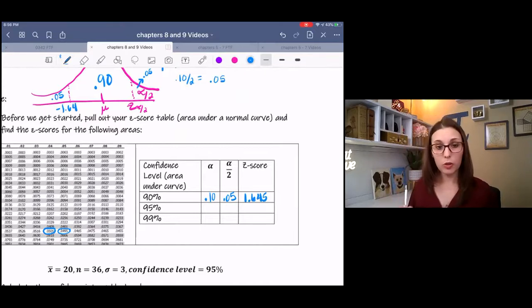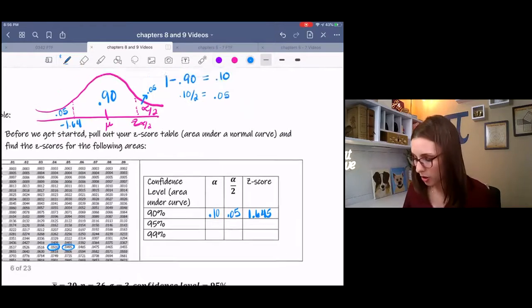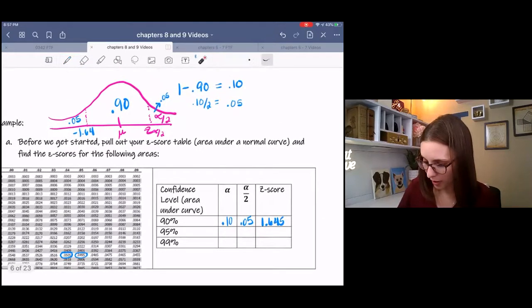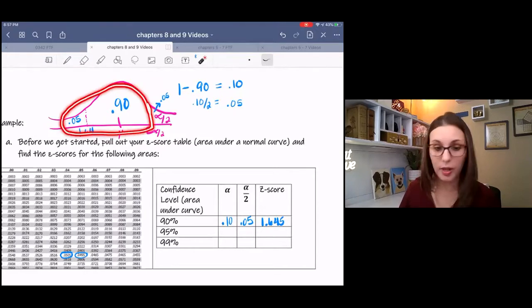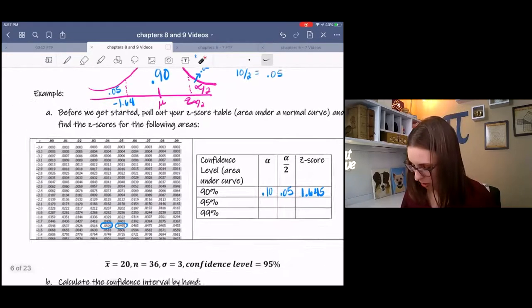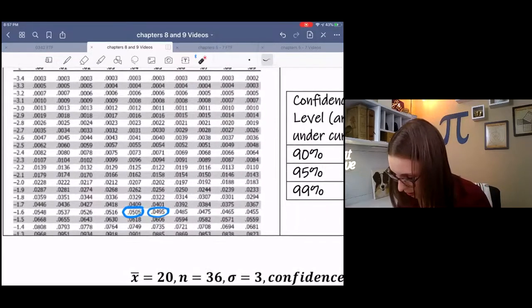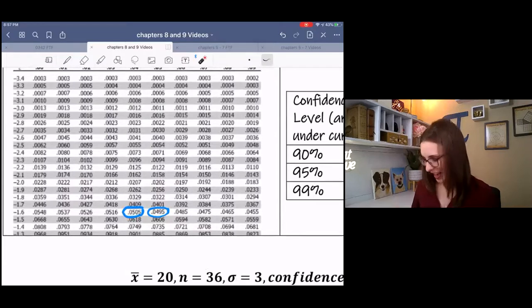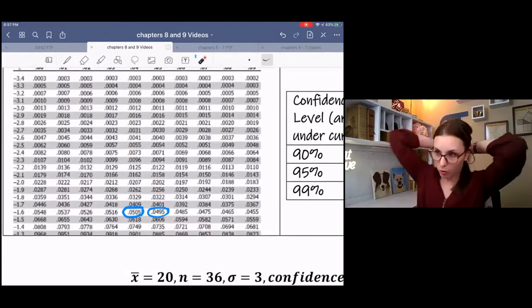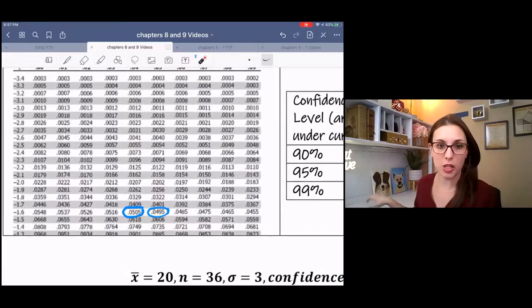Or if you are nervous about knowing whether it's positive or negative, you can use the fact that we want this z-score, and the area to its left is 0.95. So we go to our table, and my table is not big enough. So instead, if you have the z-table from your textbook, you can use that. Or you can use your calculator.